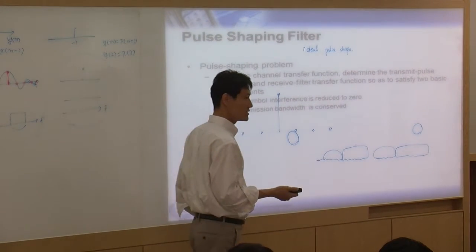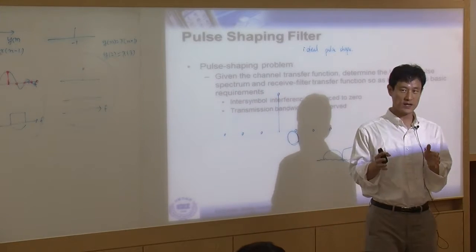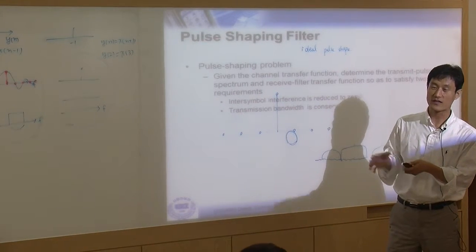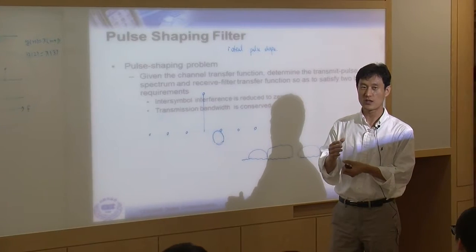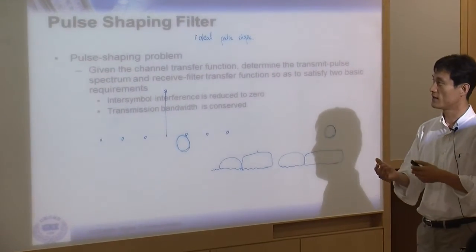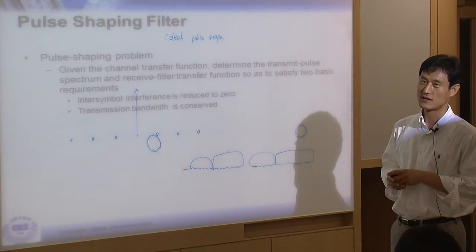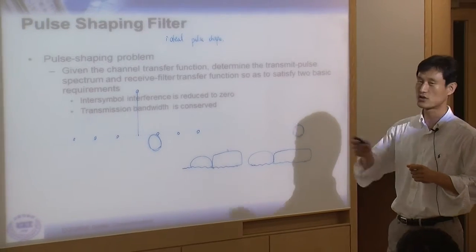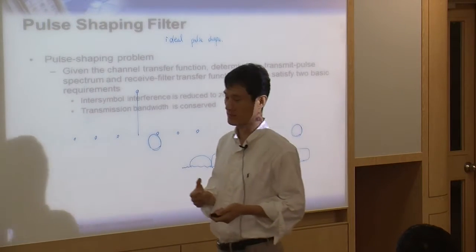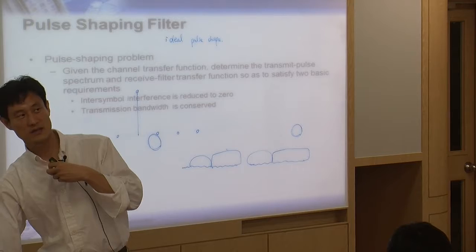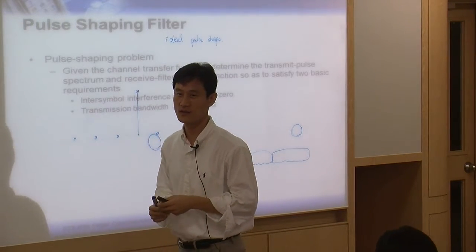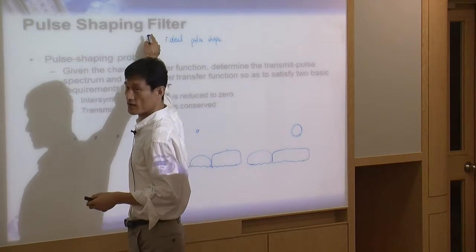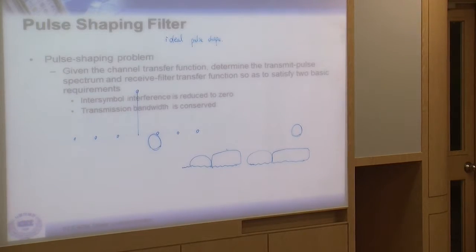What we can do is that we cannot make a perfect filter like a Nyquist channel, but at least we can try. We can do our best. So one of them is the pulse shaping filter. This is a practical design of the filter. What filter are we talking about?